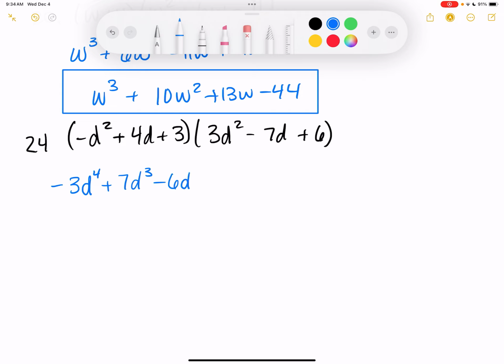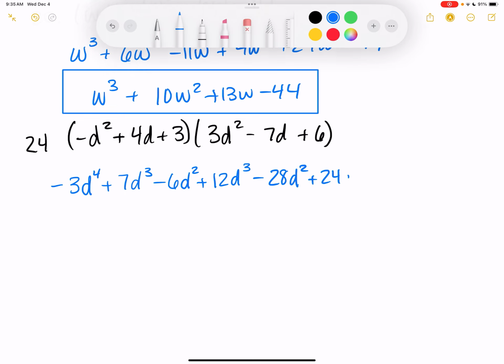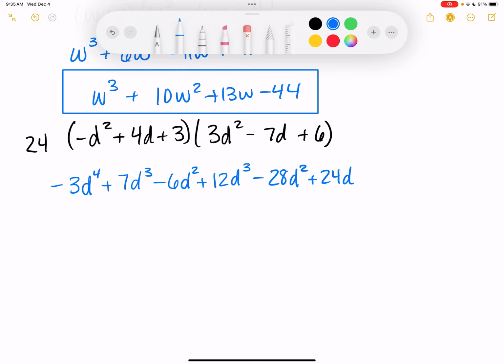And that takes care of the first one. So d squared has been multiplied by everything over here. Now I'm doing 4d by everything in here. So plus 12d cubed minus 28d squared plus 24d. So I've now done 4d times everything in here. So lastly, I do 3 times everything over here, which is going to give me 9d squared minus 21d plus 18.